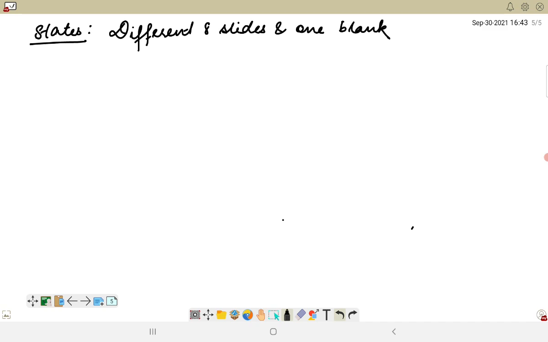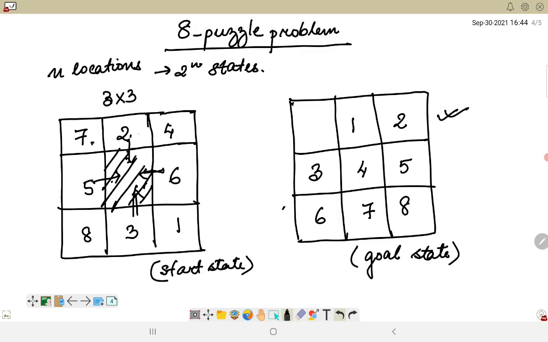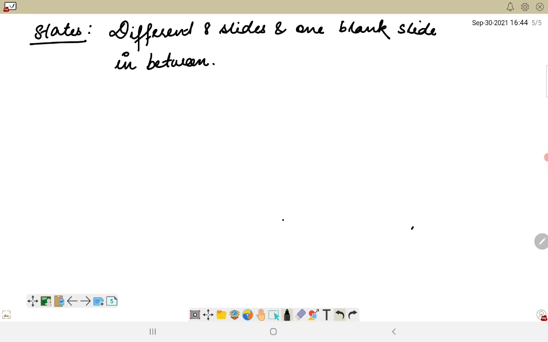So in here I can represent it this way: different 8 tiles and one blank tile in between. So altogether there are 9 blocks. You can also mention that altogether there are 9 slides and one slide is blank, whereas the other 8 slides are filled with numbers.